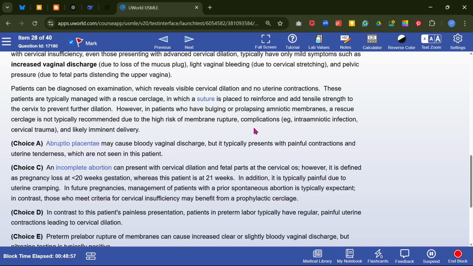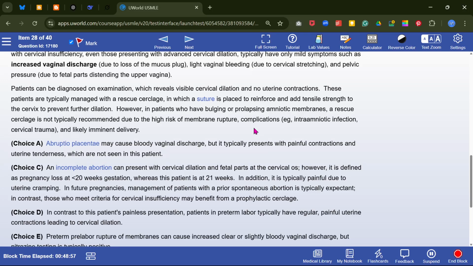Abruptio placentae may cause bloody vaginal discharge, but it typically presents with painful contractions and uterine tenderness, which are not seen in this patient. An incomplete abortion can present with cervical dilatation and fetal parts at the cervical os.